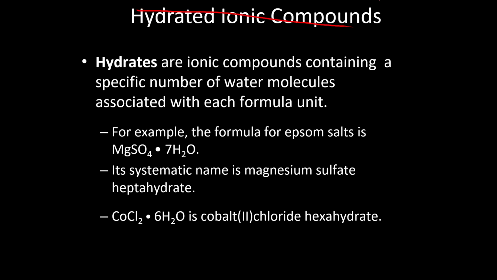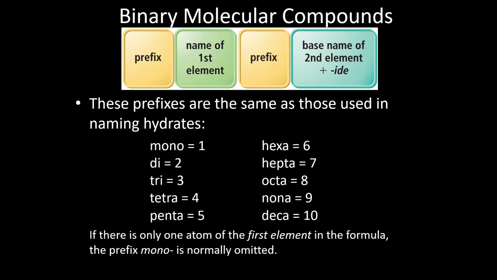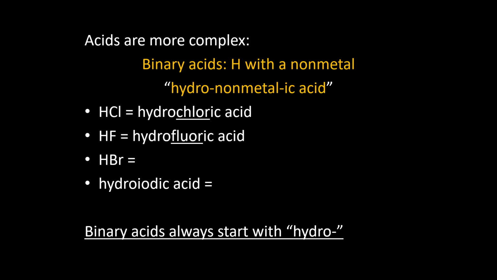Hydrated compounds are not going to be on the exam. But all the other ionic compounds, as well as molecular compounds, so these are 2 nonmetals bonded together, as well as acids and bases. So know how to name all of those different kinds of molecules.